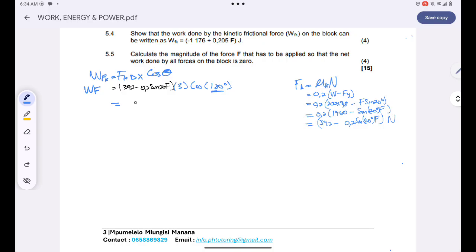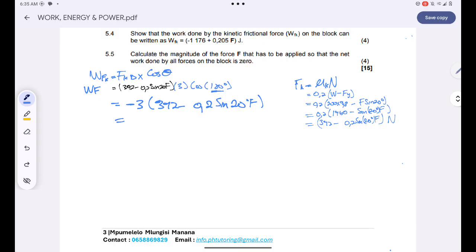This will still give me cos 180 multiplied by 3, which gives me a negative 3, and I will still have my brackets: 392 minus 0.2 sine of 20 degrees cos f. Then now I can multiply by negative 3.